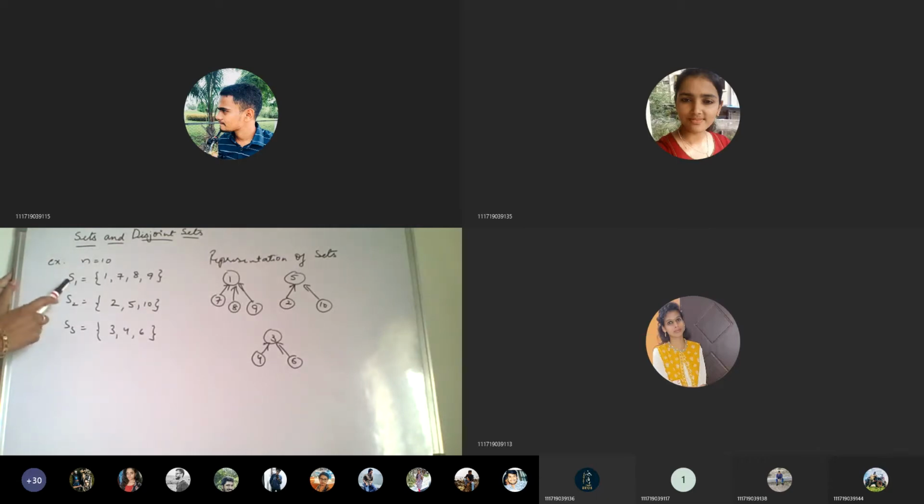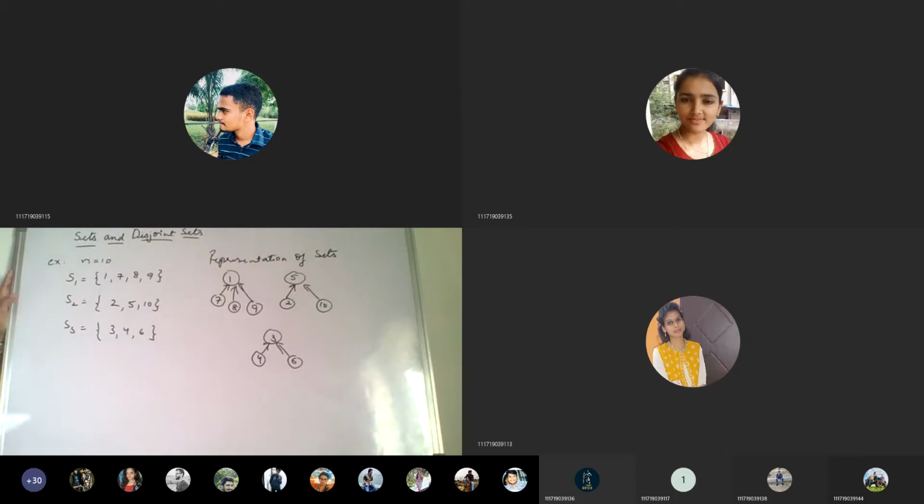I represent S1 as one set having the numbers 1, 7, 8, 9, and S2 as a set containing 2, 5 and 10, and set S3 I can say 3, 4, 6. So these are the different elements in different sets, and altogether 10 are there.